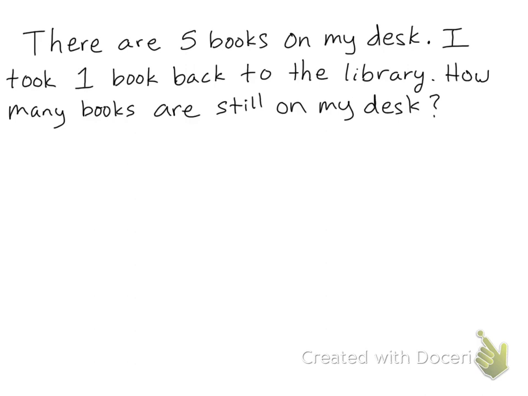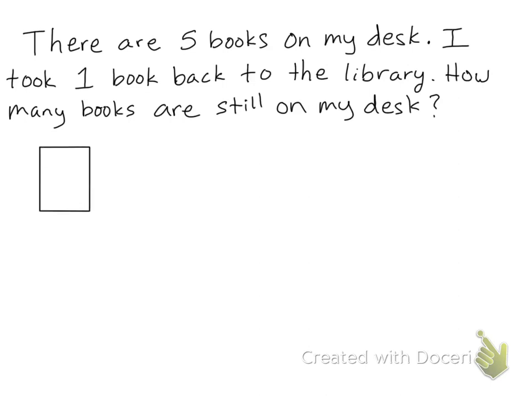Okay, let's do another one. There are 5 books on my desk. I took 1 book back to the library. How many books are still on my desk? Okay, is this a some more story or a some went away story? It's a some went away because I'm taking 1 book away from my desk. So let's draw this picture.